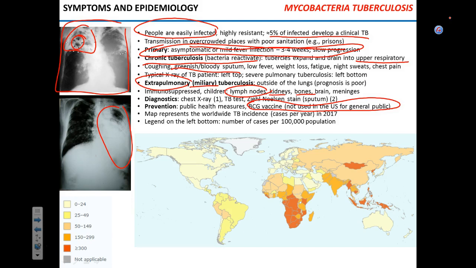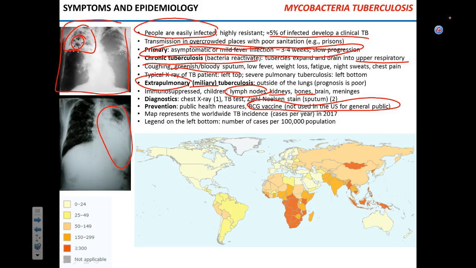Okay. The best prevention, actually, is public health measures. Meaning, you know, avoid overcrowding. If people get sick, give them proper treatment so the infection is cleared, not, you know, poor antibiotics that will just make the bacteria resistant.